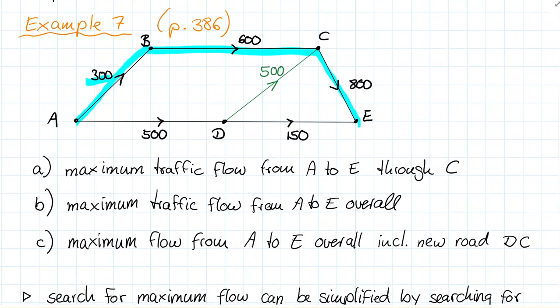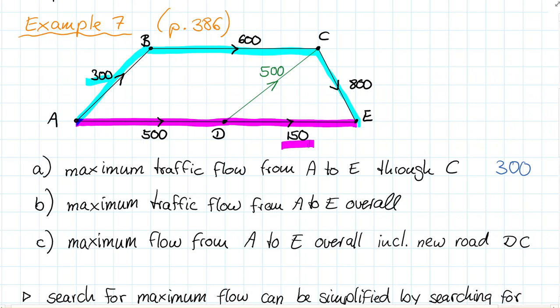So now we want to do question B. In question B, we want to investigate the maximum traffic flow from A to E overall. There are 2 options. As I said, don't have a look at the green one yet. We can also go from A to E over D, and the minimum here is 150.